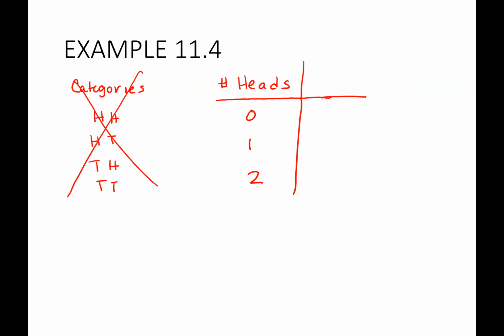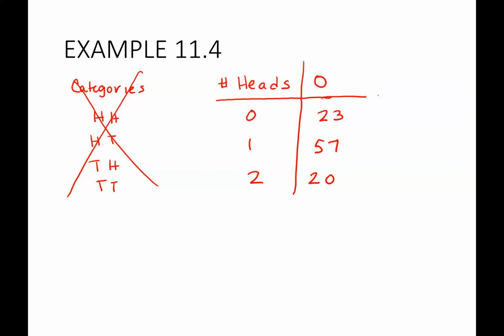Okay, so what I observed is I had 23 that were no heads. I had 57 which were one, and I had 20 which were two heads.